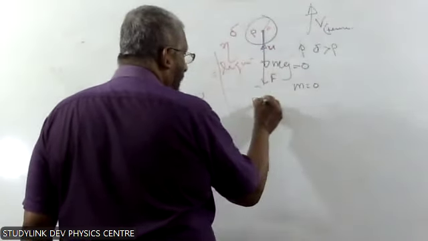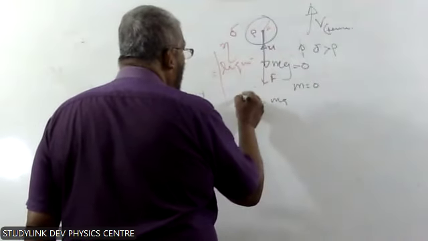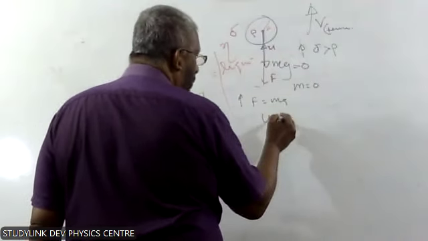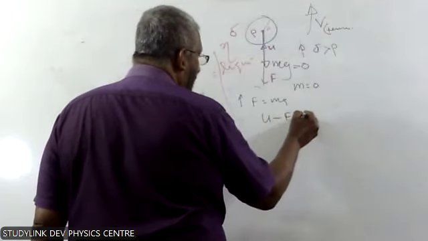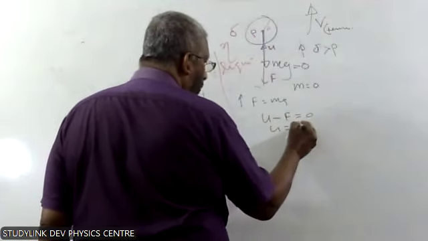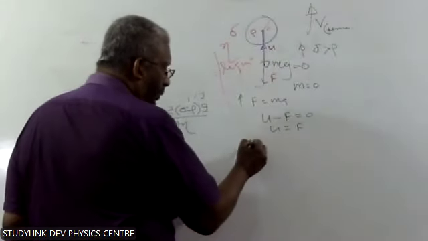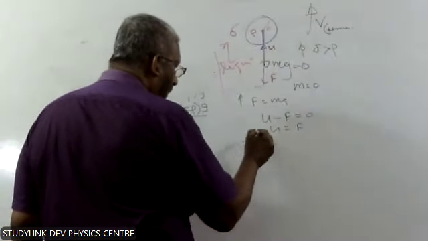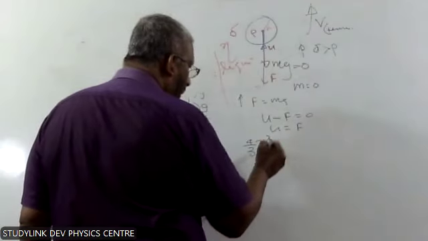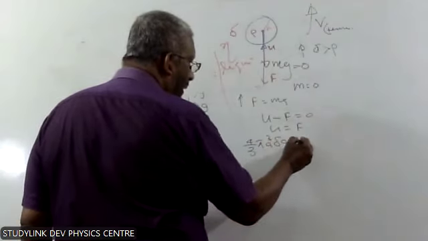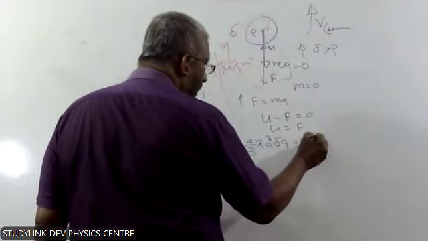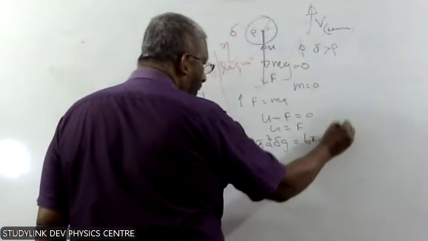Then F equals ma vertically upwards, U minus F is equal to 0. U is equal to F. U is 4 by 3 pi a cubed sigma g, equal to 6 pi a eta v.